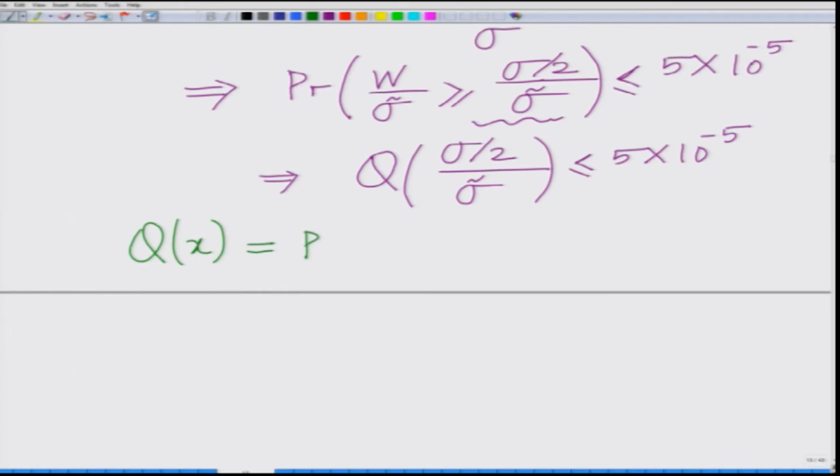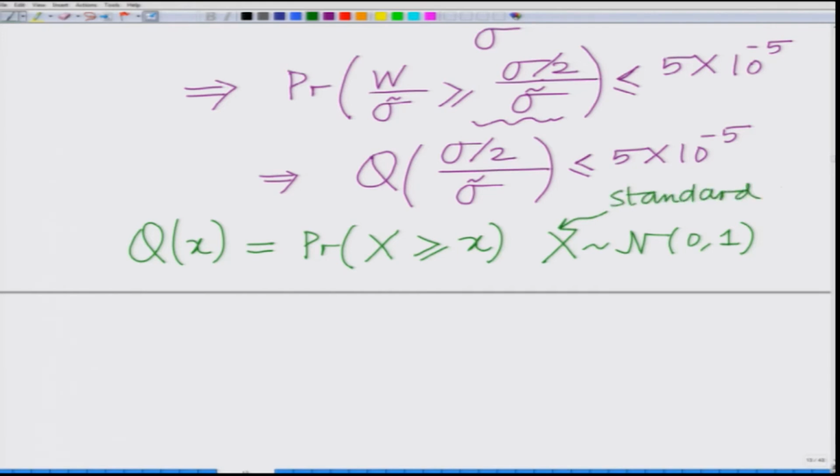equals the probability that X is greater than or equal to this quantity x, where X is a standard Gaussian random variable, mean 0, variance 1.